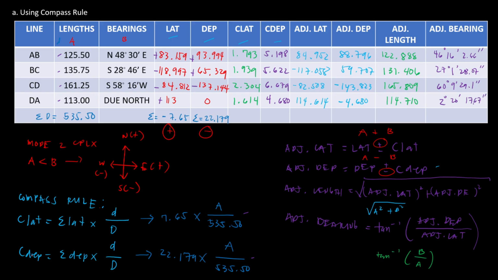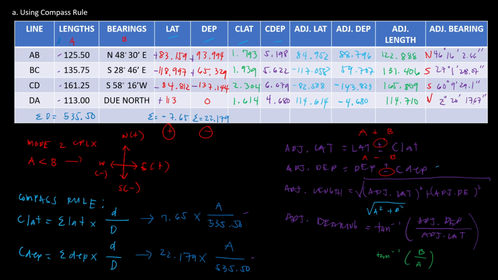And then, yung mga direction nila, tingin tayo dito sa adjusted latitude. Mag-base tayo dito, pag positive north, kapag negative south. So, yung 84.952 positive, so that is north. Negative 17, so south. Negative 82, and then positive 14.